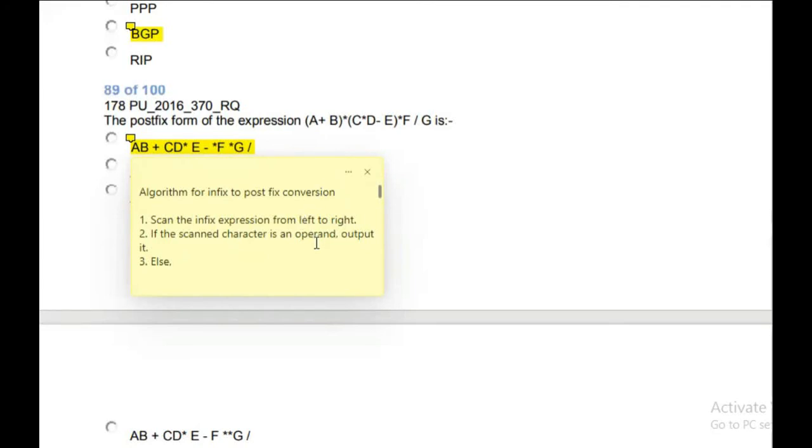So if we get an operand, output it. In an example, we use a variable P for output, and we also use a stack for putting the operators.